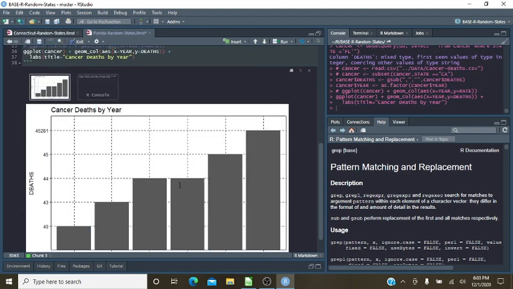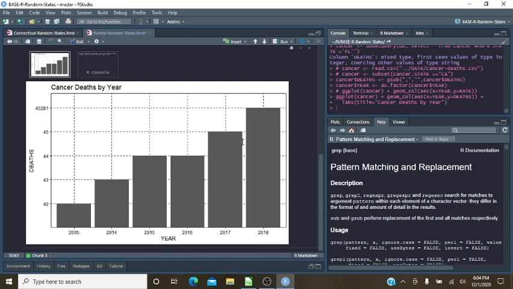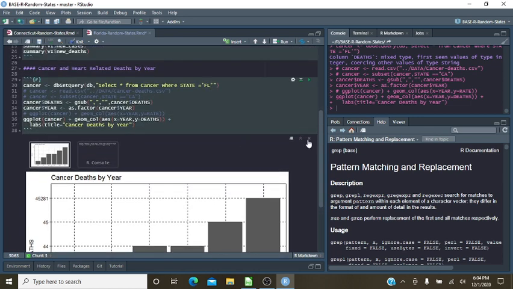Okay, you can see what happens here. The cancer related deaths has continued to increase. As of 2018, it was 45,281 cancer related deaths.